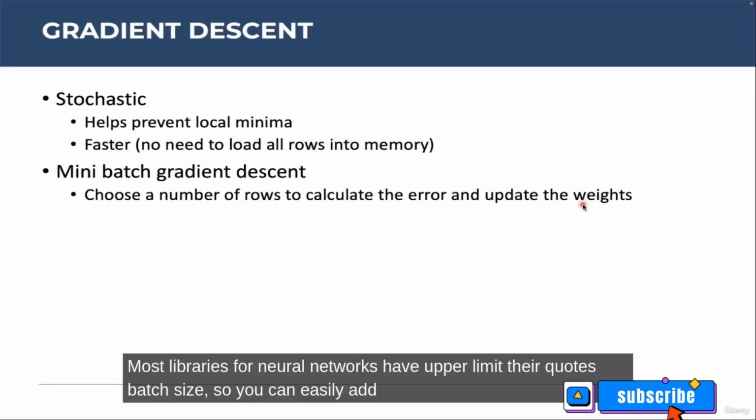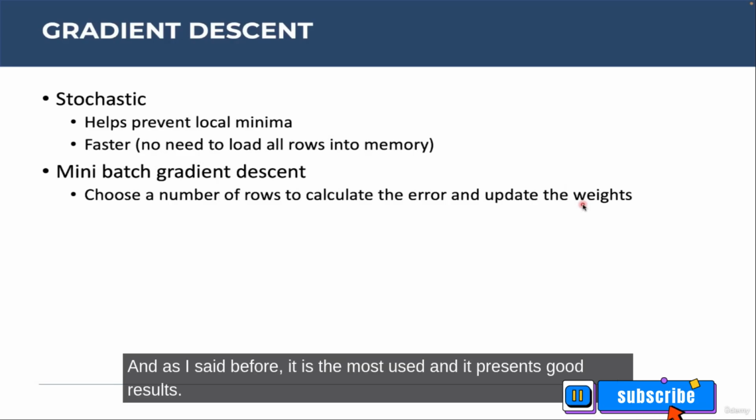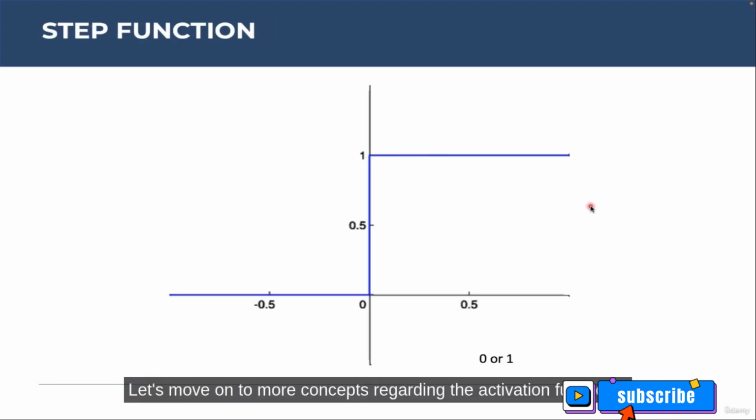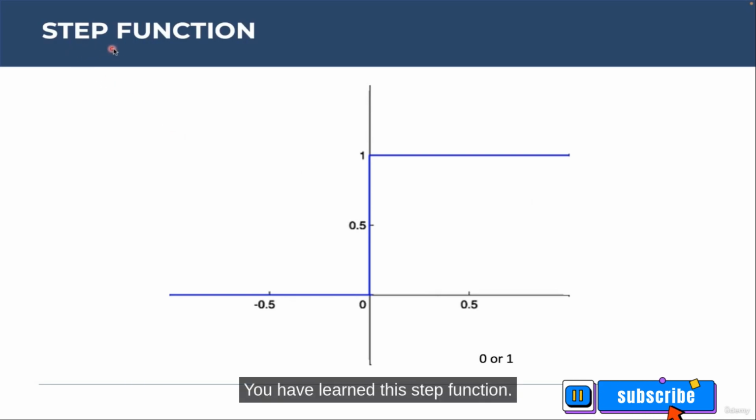Most libraries for neural networks have a parameter called batch size, so you can easily set this value. And as I said before, it is the most used and it presents good results. Let's move on to more concepts regarding the activation functions. You have learned the step function. It is the simplest and it returns only 0 or 1.